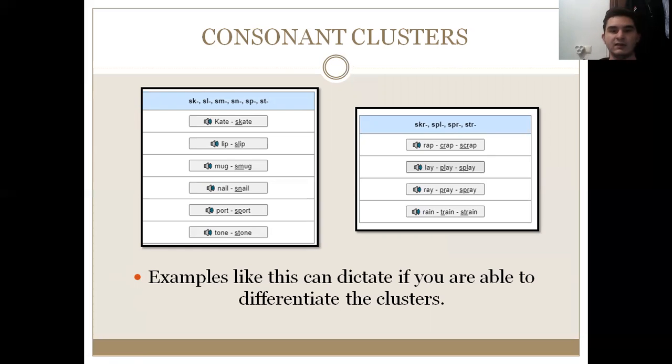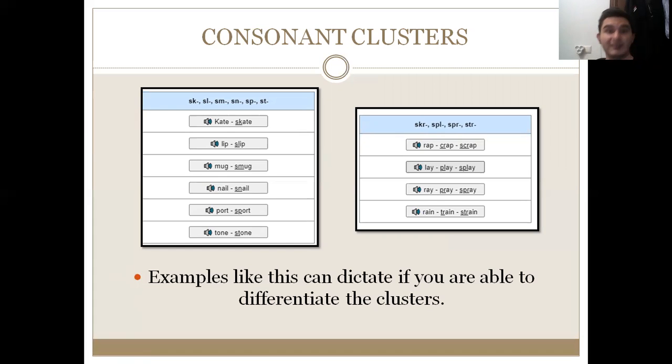So I'm going to read these examples aloud, and you can try to hear the difference between, for example, Kate and skate. But I'm going to read them fast, so try to catch the differences between the words, okay?